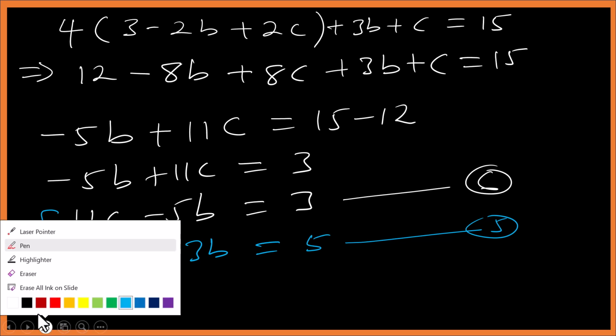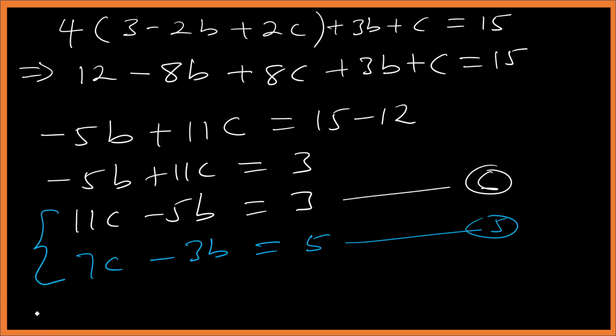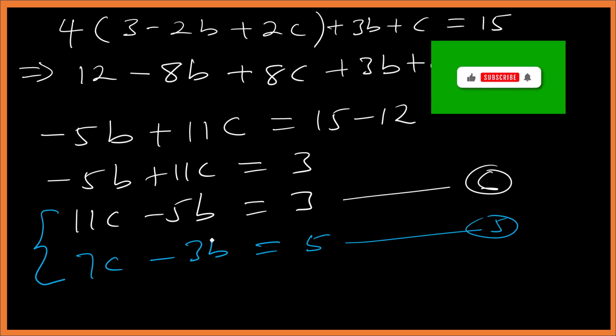Alright, so what we are going to do here is to subtract. We want to make this side equal. So I'll multiply equation 6 by 3 and do the same to equation 5. I'll use 5 to multiply equation 5.